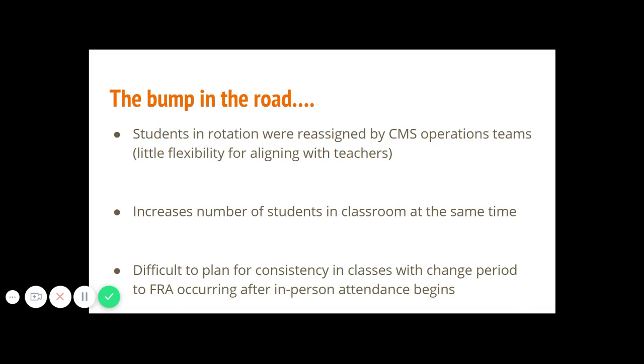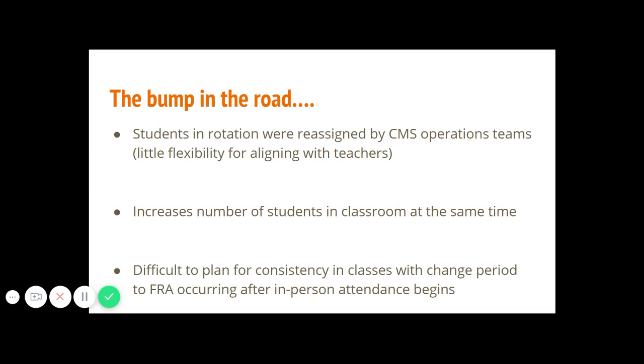This does increase the number of students who will be in a classroom at the same time. However, we are able to still maintain social distance by using the inside classrooms for in-person rotations because those rooms are big enough to accommodate the number of students that will be in the classroom at any given time.